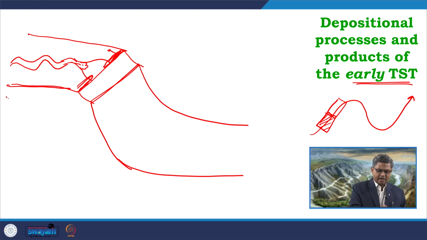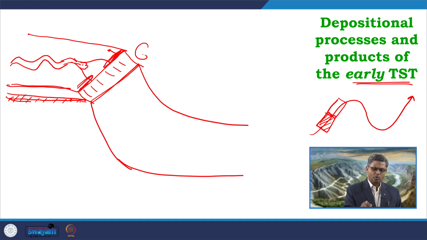The earlier surface which was available, say for example, this was the earlier surface which was available at the end of the LST. So, this surface is now partially eroded along this zone by wave erosion, wave activities.